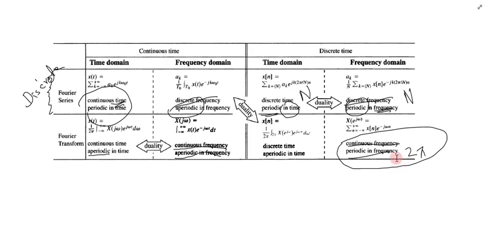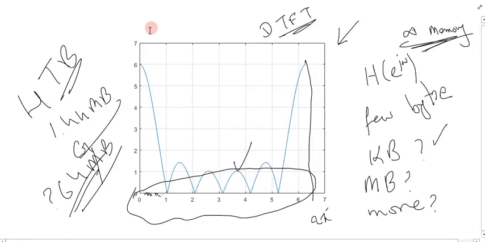One solution is to sample this Fourier transform in frequency as omega equal to k omega naught. Then you will get a discrete Fourier transform H of k.